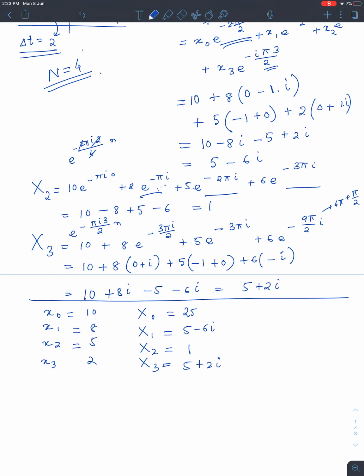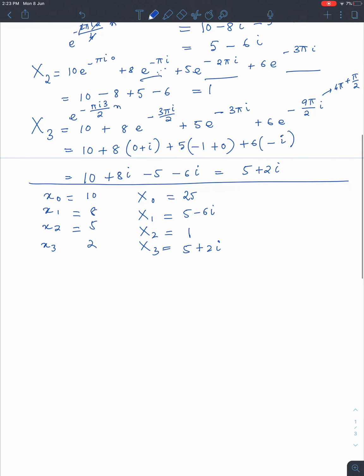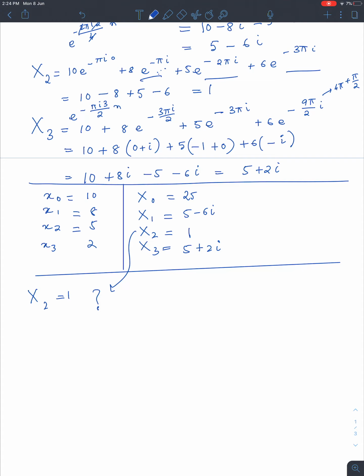So from here, what does this actually mean now? We have got these Fourier transform values of these values. So what does it mean? For example, this X2 equal to 1. What does that mean?